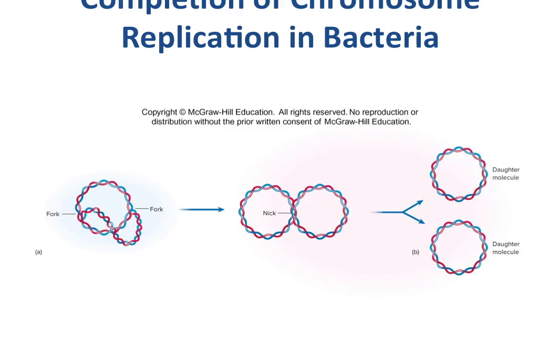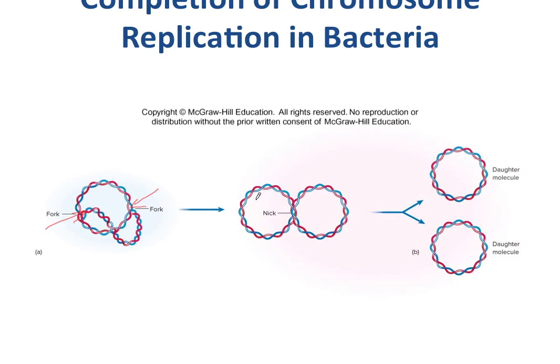Also, the replication can happen from different positions simultaneously. That's why, for example, in this diagram, you can see the replication is started from two positions simultaneously, so they can make a double loop.